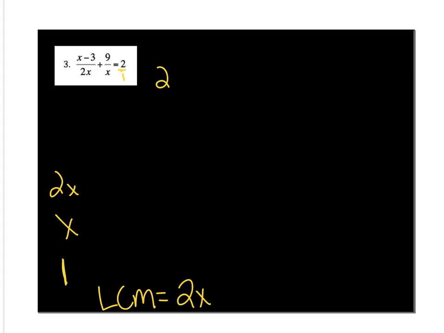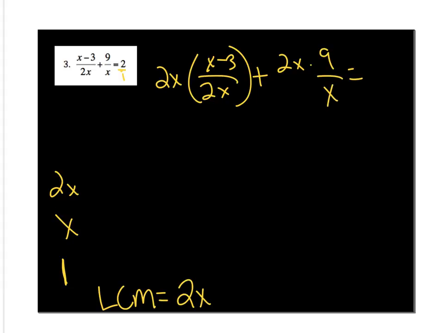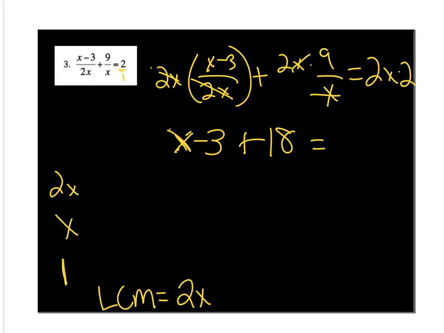So I'm going to take 2x times (x minus 3) over 2x, plus 2x times 9 over x, equals 2x times 2. Now look what happens. 2x cancels out, I'm left with x minus 3. x and x cancel out, I'm left with 18. 2x times 2 is going to be 4x.